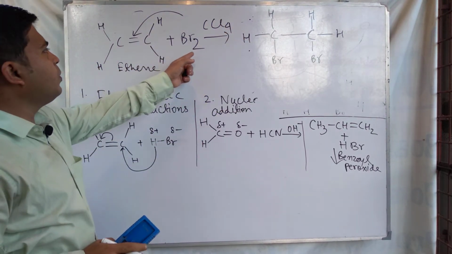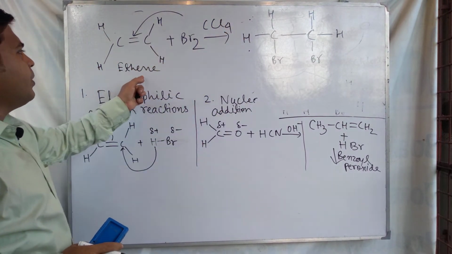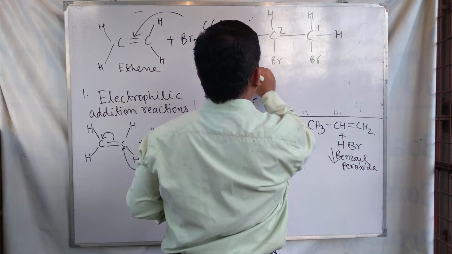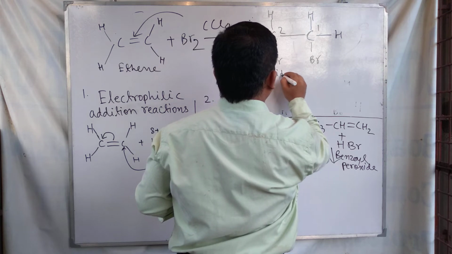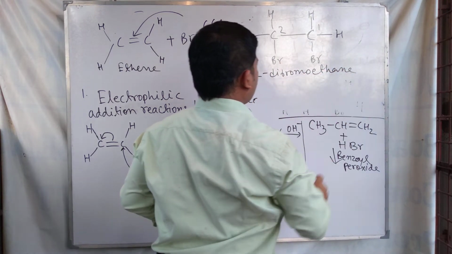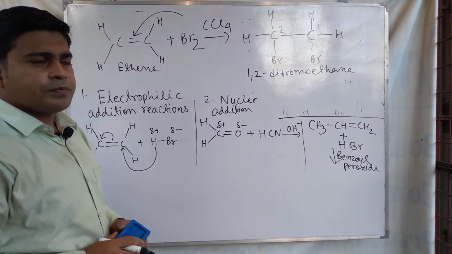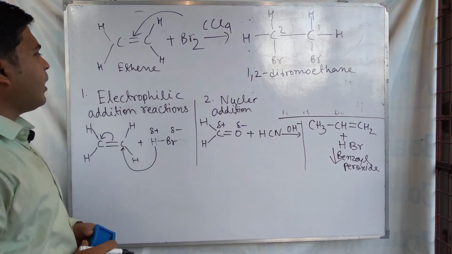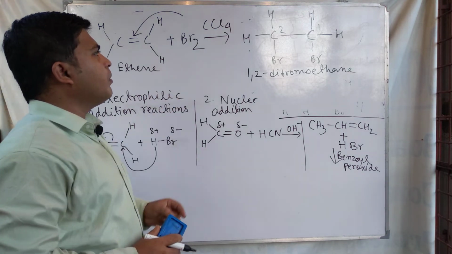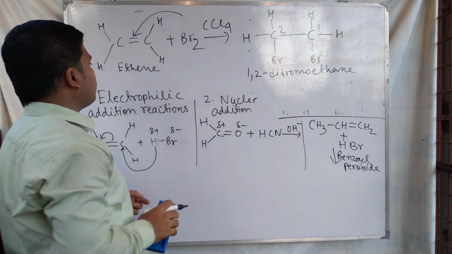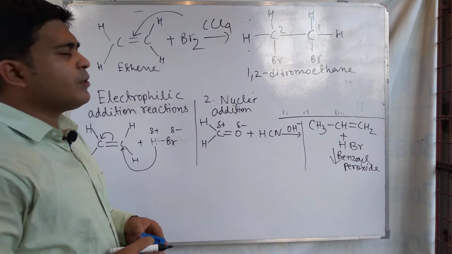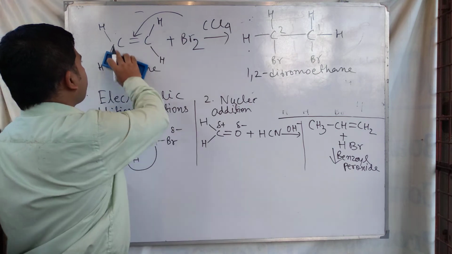Addition reaction of Br2 in CCl4 to ethene produces 1,2-dibromoethane. This is an example of electrophilic addition reaction, a halogen addition reaction, a halogenation reaction example.